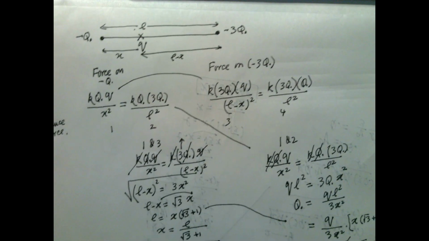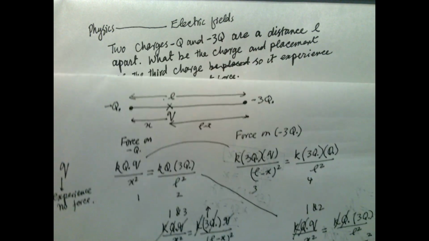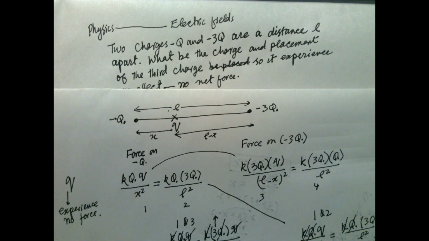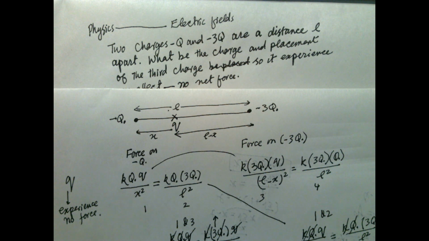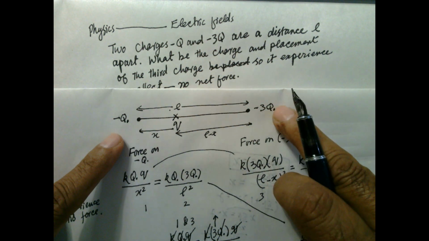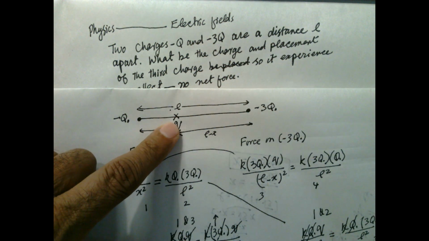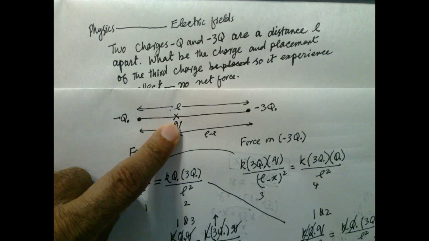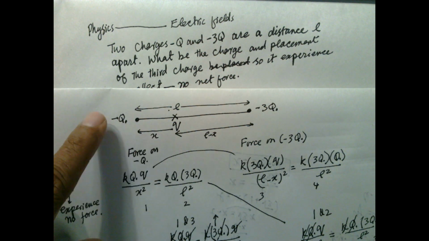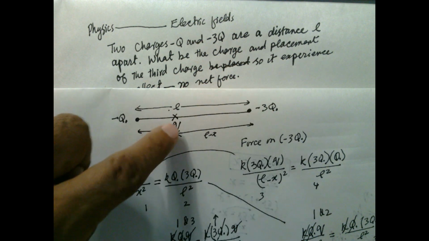This is slightly complicated, but this is a beautiful question. Two charges, minus q and minus 3q, and don't be confused with the minus. It is just to tell you that there is a repulsive force. If it is a repulsive force, you have to use the particle with the opposite polarity. So these are the two negative, we have to use positive.